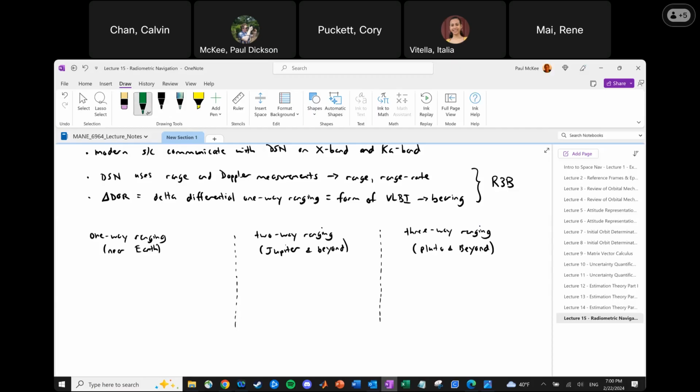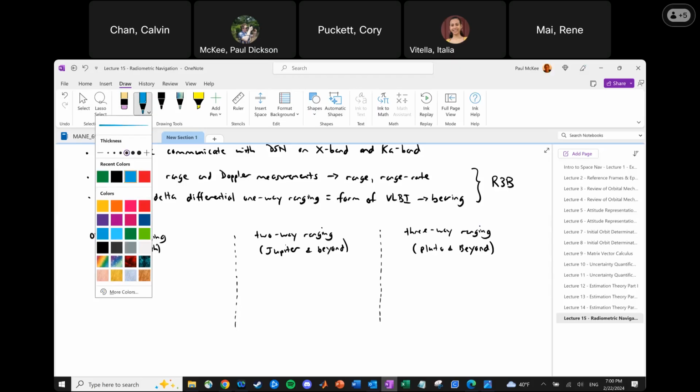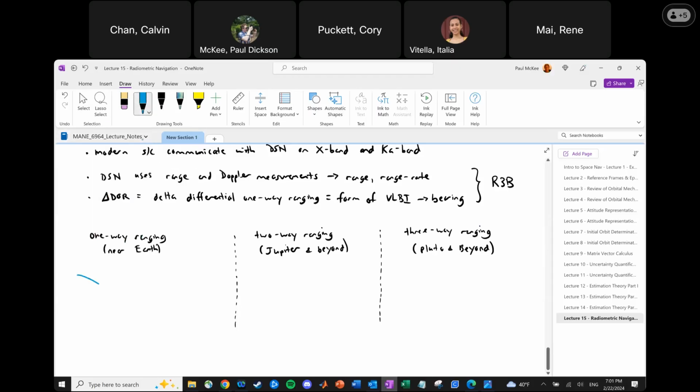Near Earth, and get ready, because here's Paul's best attempt at some art. Say this is the Earth. I'm actually going to draw the same diagram 3 times here. And let's do my best little ground station. That's okay, it gets the idea across.